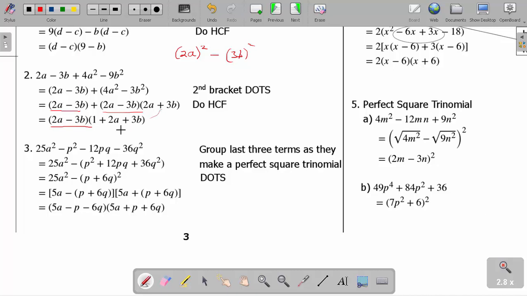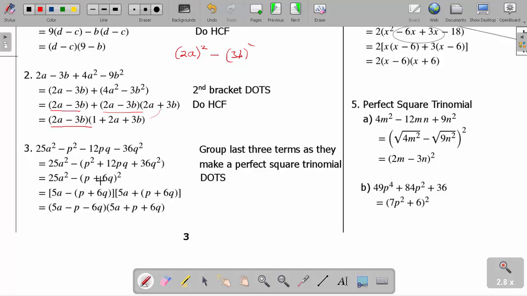Okay, another one. Here we have 25A squared minus P squared minus 12PQ minus 36Q squared. If I take out a negative one here, I'm going to have minus P squared plus 12PQ plus 36Q squared. Now in the bracket, they make a perfect square, which is P plus 6Q bracket squared.